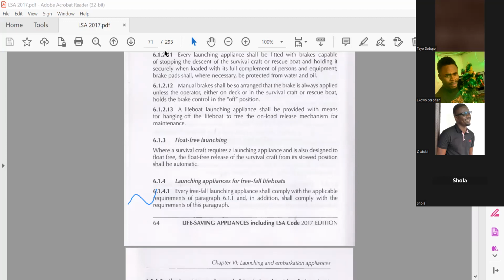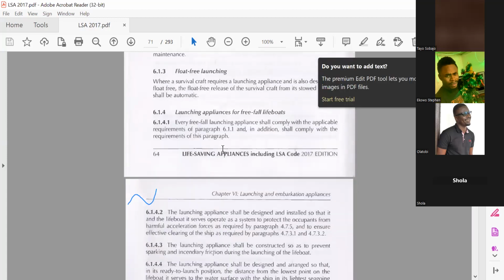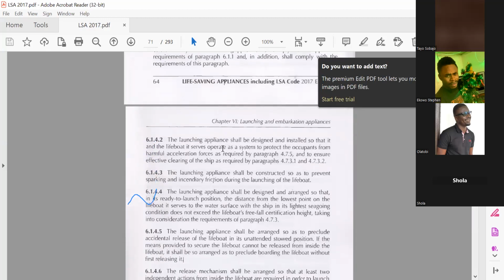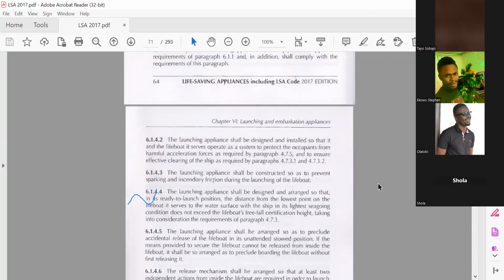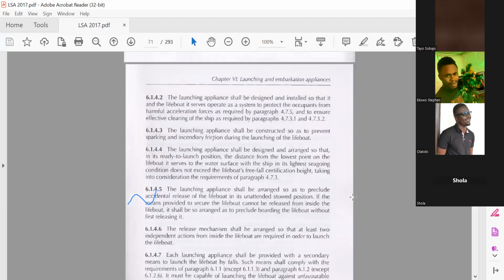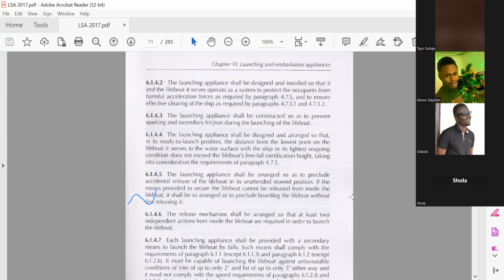I talked about it earlier on, that on no account should you say that the vessel or the mechanism is so designed that even if you have a list of up to 20 degrees and a trim of 10 degrees, you should still be able to launch safely under unfavorable conditions. You should still be able to launch safely. So that's what that means. We must be able to follow that requirement, which keeps referring us back to the requirement.